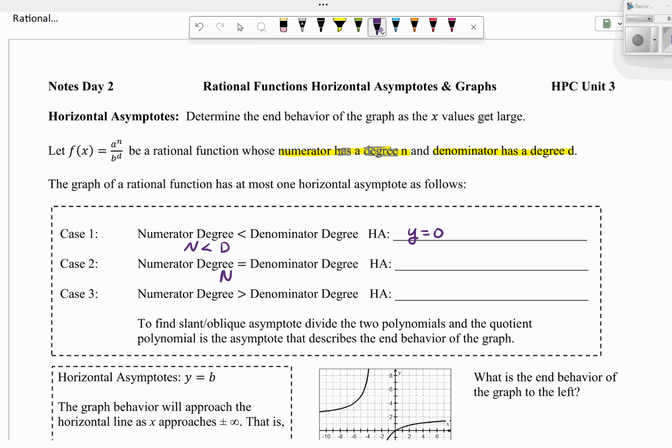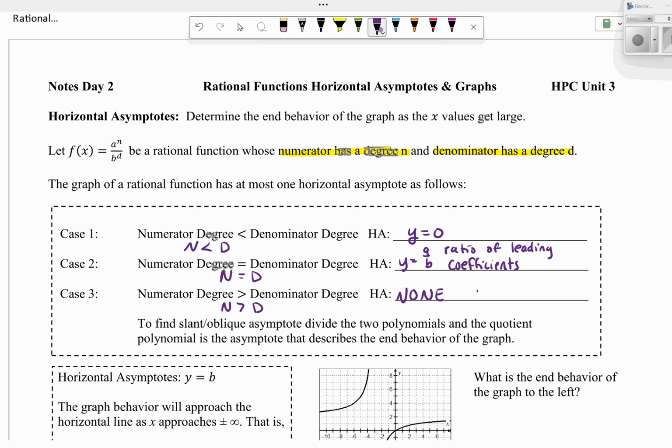If the numerator degree equals the denominator degree, then there's a horizontal asymptote at y equals a over b, the ratio of the leading coefficients. And if the numerator degree is greater than the denominator degree, then there is no horizontal asymptote.